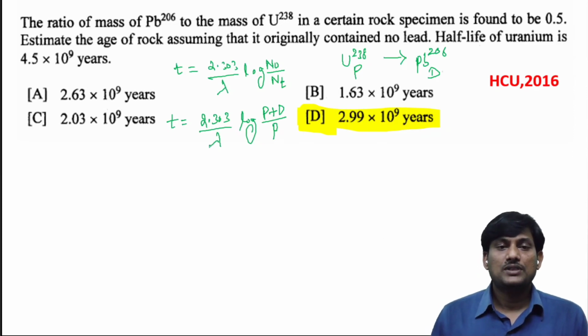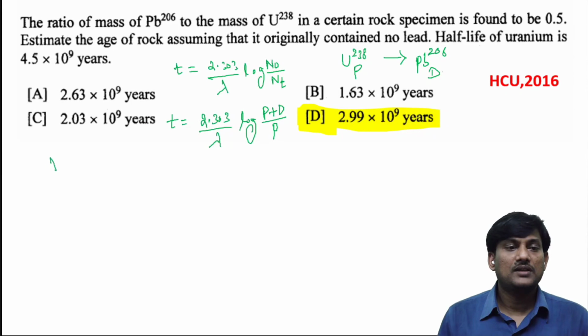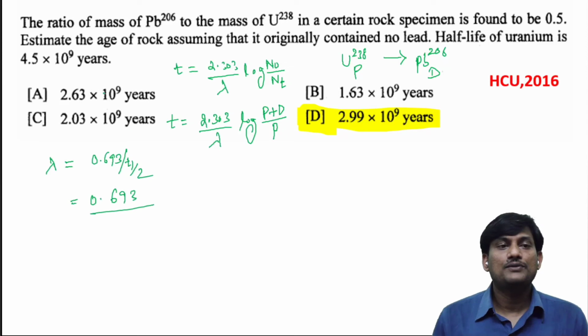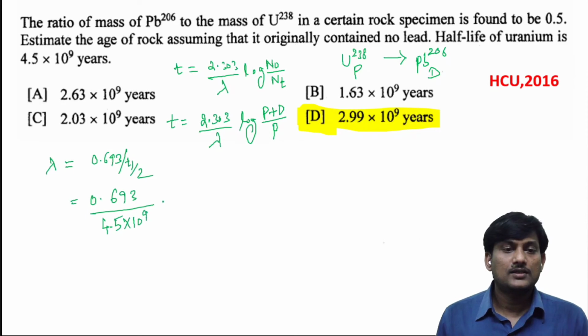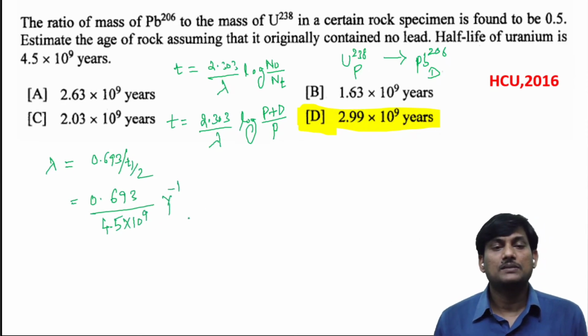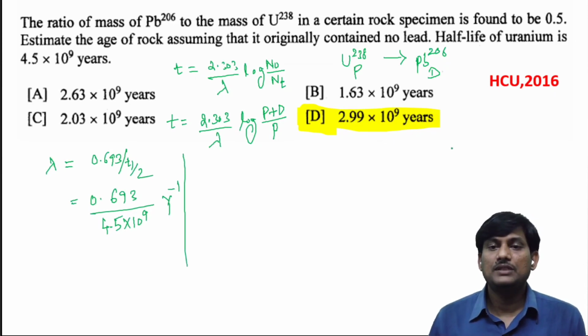Here you have to find out lambda. Lambda is equal to 0.693 by T half, which is given as 4.5 × 10^9 years, so it will be in year inverse. And also we have to find the D value, the number of parent and the daughter nuclei.